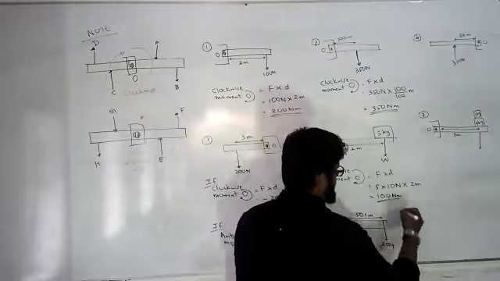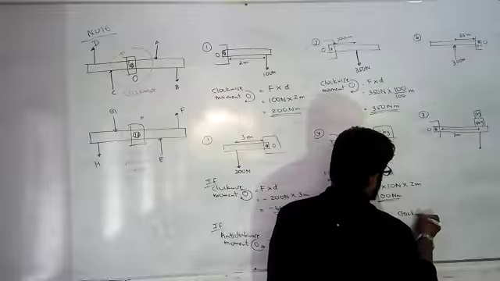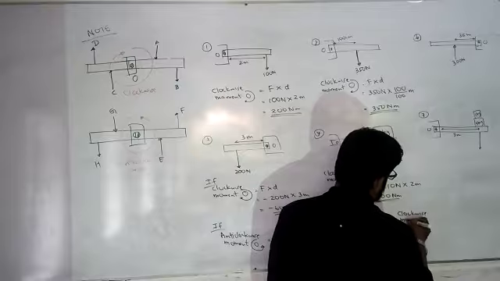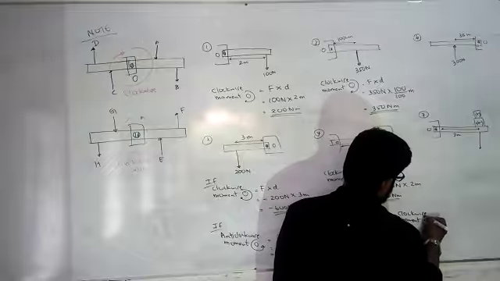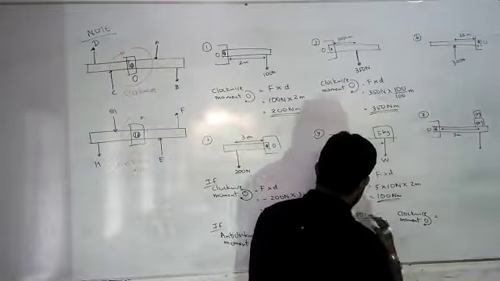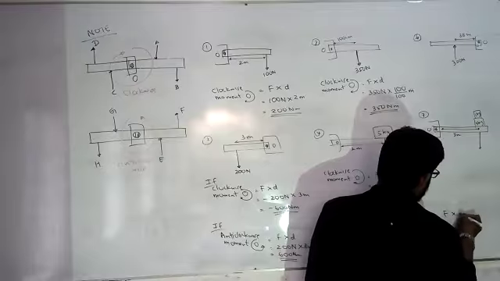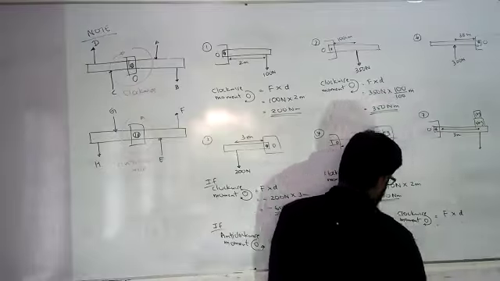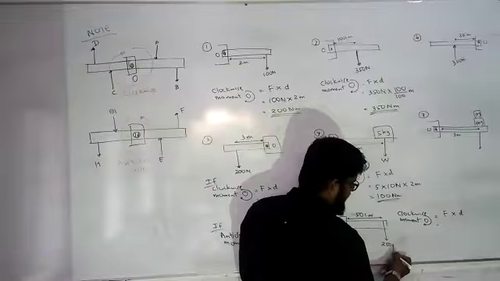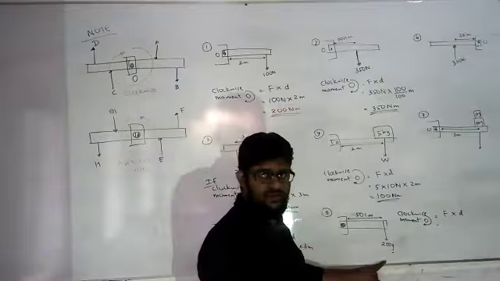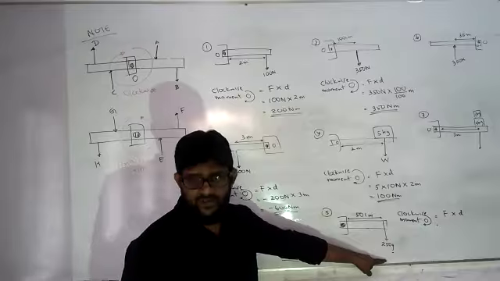Question 5. It is a clockwise moment, right? Clockwise moment around O. Now it is F into D. Is it giving you the newton here? No, it's giving you the grams.